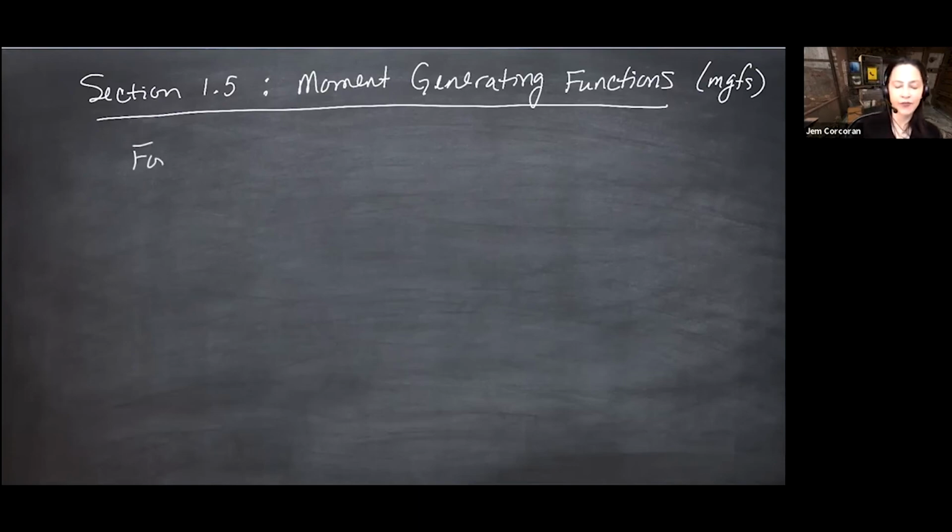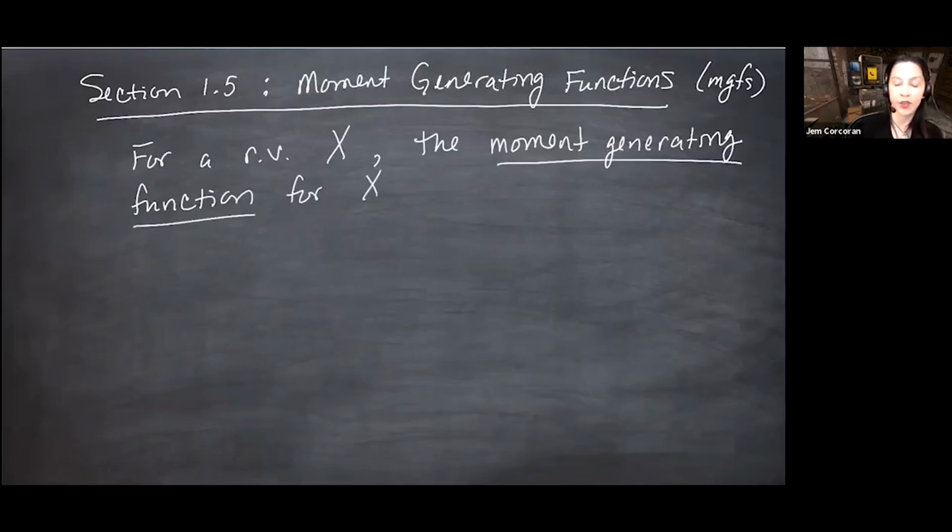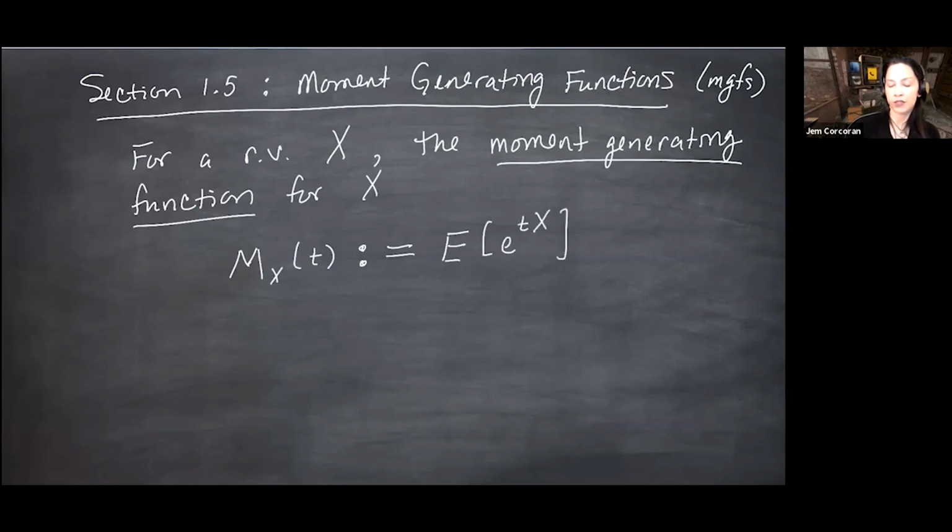So for a random variable X, and this can be discrete or continuous, the moment generating function for X, or for the distribution, is typically denoted by an M, and if necessary, if you have multiple random variables, a subscript, and then it has an argument, which is usually an s or a t or a u, but it's whatever you want, and it is defined to be the expected value of e to the t times X. So that's like a g of X for an expectation for the law of the unconscious statistician.